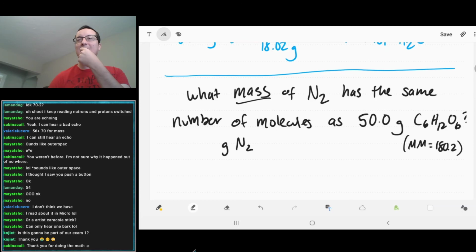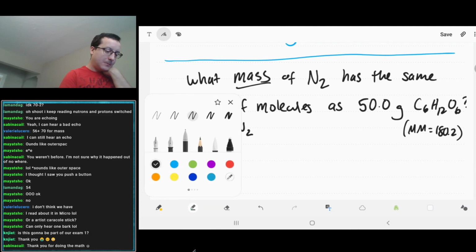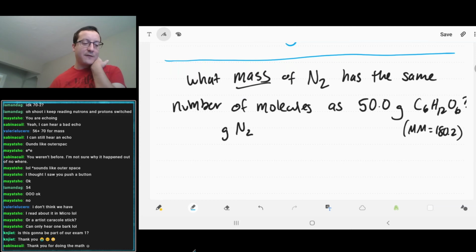So we're going to have to convert our 50 grams into molecules, right? And then take that number of molecules and use the molar mass of nitrogen to figure out how many grams of nitrogen that's going to be. If that makes sense.